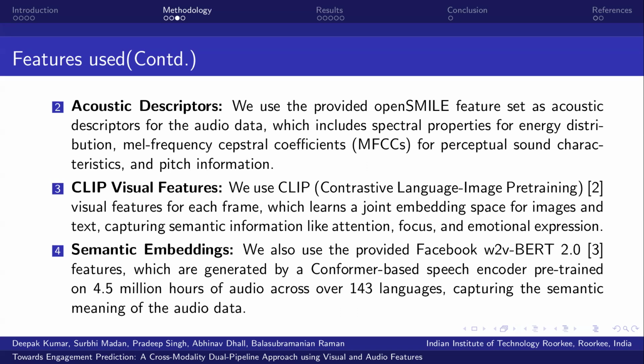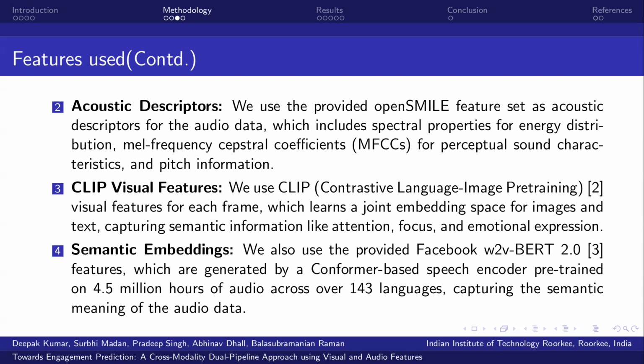Along with facial motion features, we have also used several more feature sets. For the audio data, we have used provided acoustic features extracted using the OpenSMILE toolkit, which provides a range of descriptors, including spectral properties that capture energy distribution across frequencies, mel frequency cepstral coefficients for perceptual sound characteristics, and pitch information.